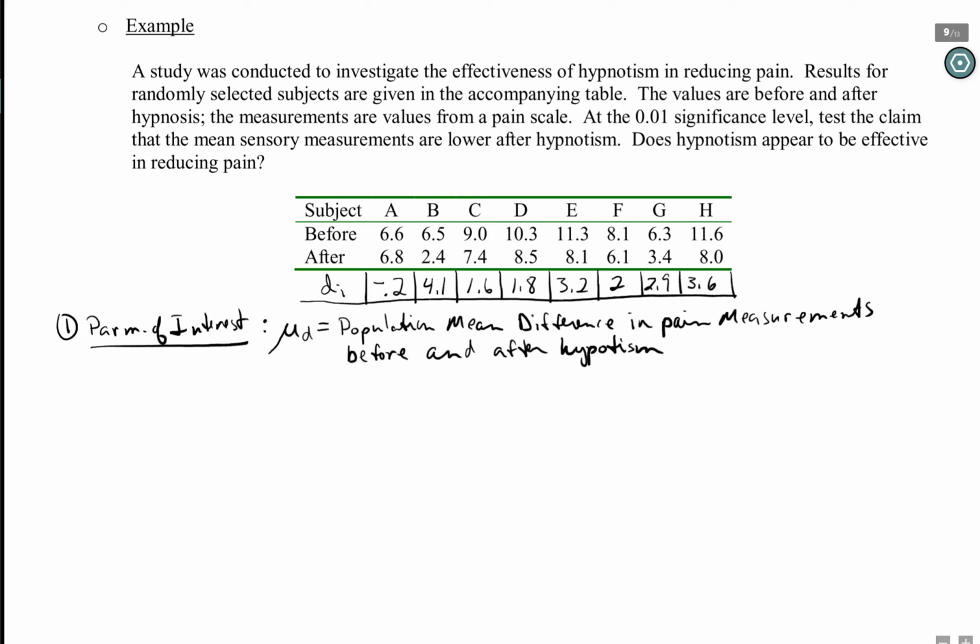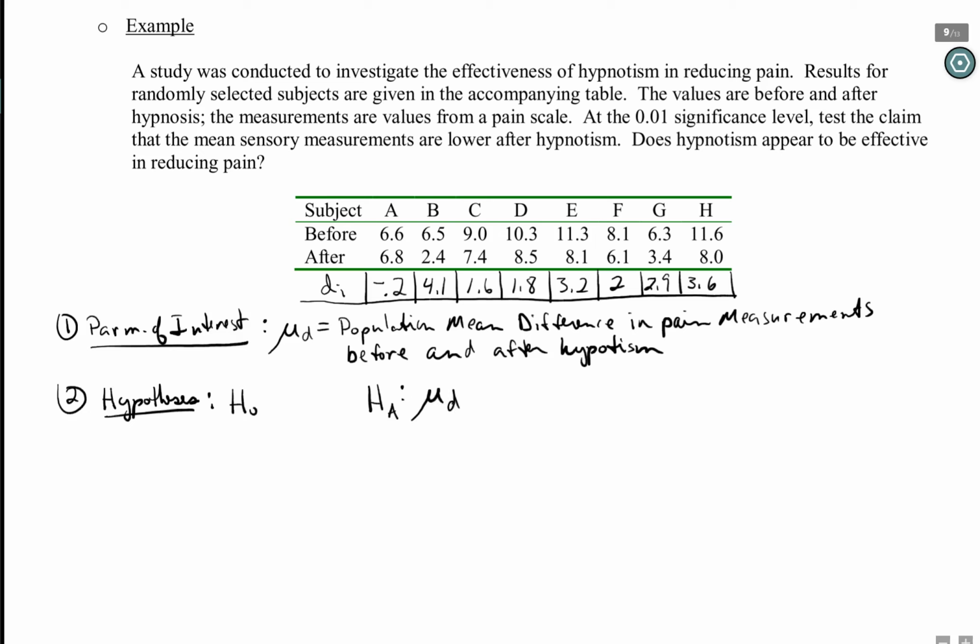Okay, and the hypotheses here, again, look for the claim that we're going to test. That goes in the alternative hypothesis. I would specify that first. Here's HA. The question is, does hypnotism appear to be effective in reducing pain?